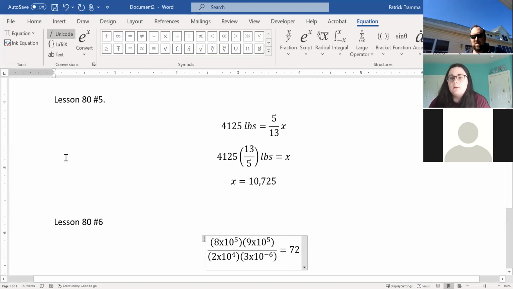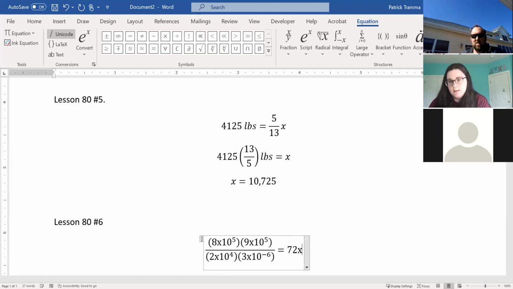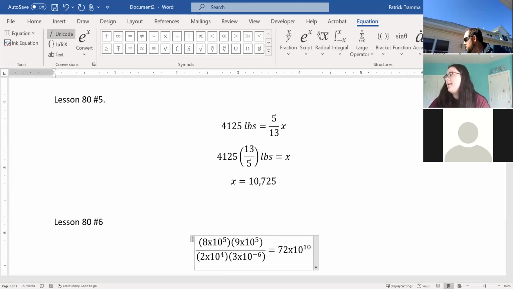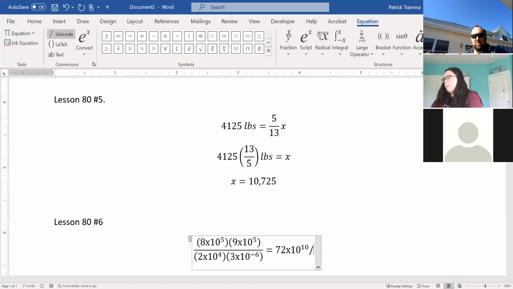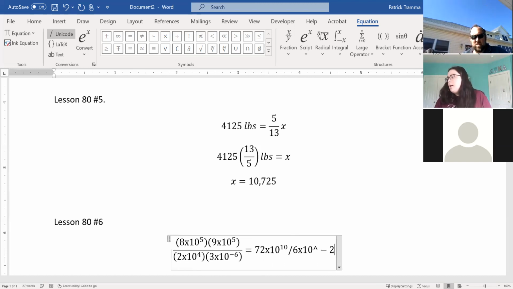And then 10 to the 5th times 10 to the 5th is 10 to the 10th. Remember, when you're multiplying exponents, you just add. Okay, and that is divided by 2 times 3, which is 6, times 10 to the negative 2.